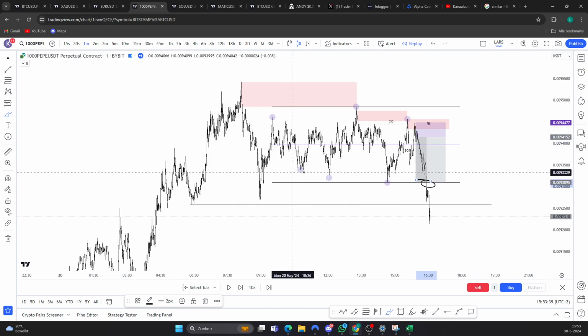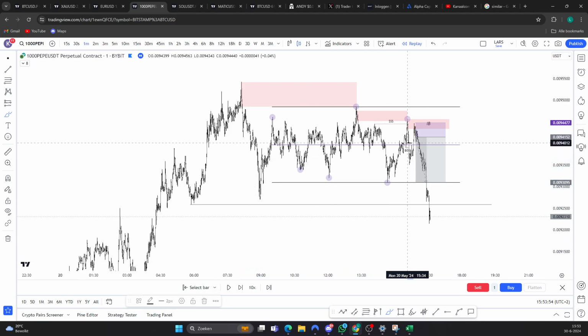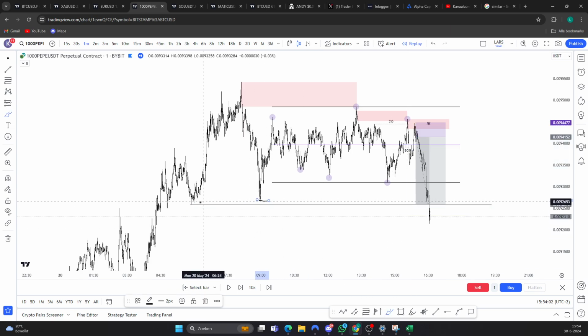If you have never swept the range low and you had the distribution, you can say, okay, I'm going to look at the range low as my target because from there it can turn into an accumulation. But we already had the accumulation, and we saw it failing once it started breaking the structure. So then you can actually exceed your target to a liquidity point, which is this. You had these 2 lows here very close to each other, and also this being the 10-minute higher low for a higher high.